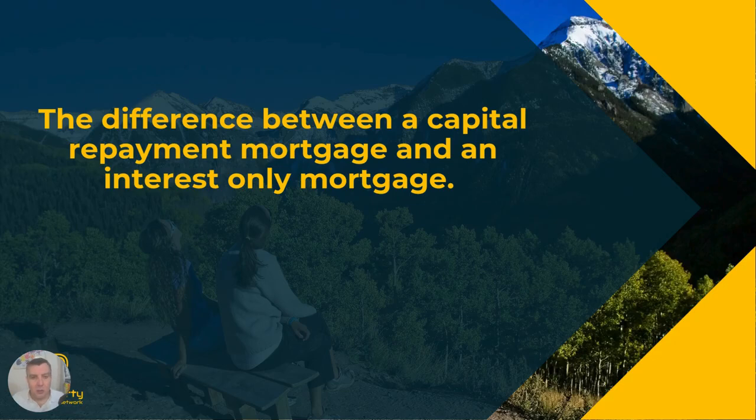Now, what that means is in 20 years, when you make your final payment, you are looking at being debt-free. You do not owe a penny on that property. You have paid back the bank everything that you owe them, and you are now the proud owner of said property.